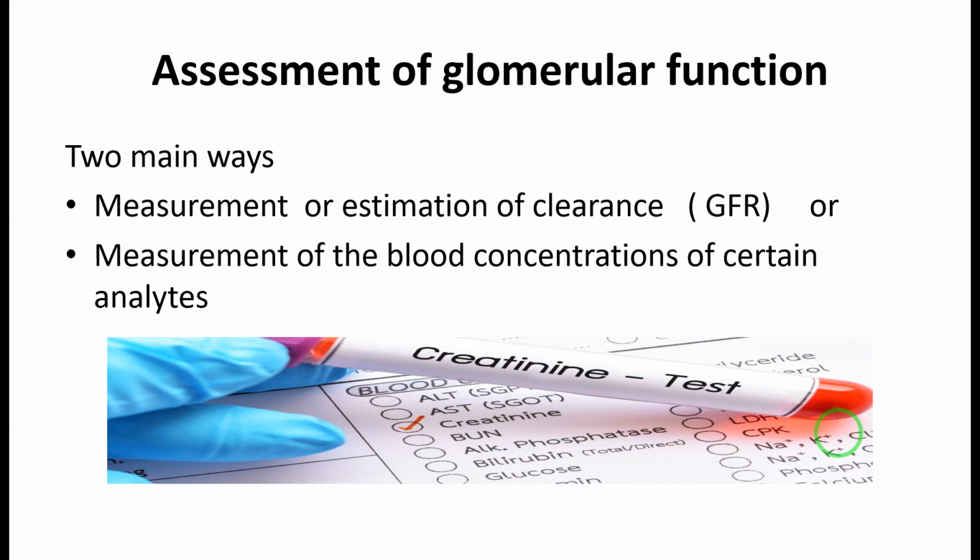If there is damage to the kidney and they cannot be filtered by the glomeruli, their concentration will increase in the circulation. So measurement of these substances can give an idea about the renal impairment.